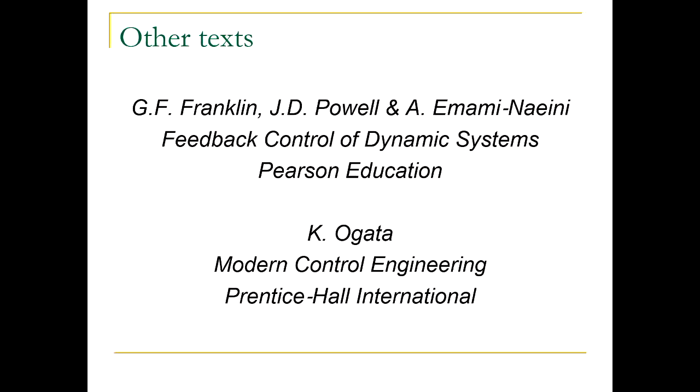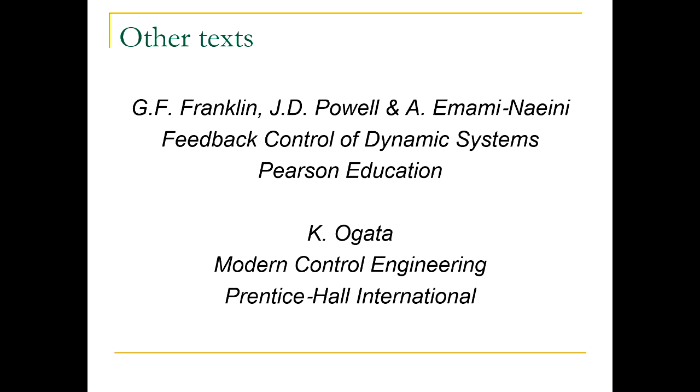All right, so there are other texts. Franklin's book and Ogata's book are classics. And why I emphasize these books is because they have a lot of solved examples. Students often ask me, can you give us heaps of solved examples? These books have them, and you would have a lot of copies in the library.